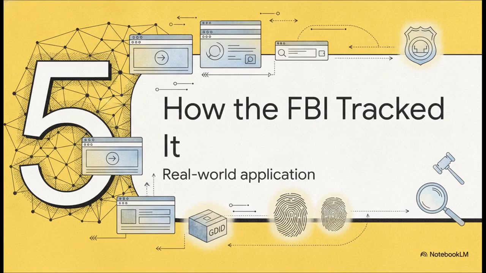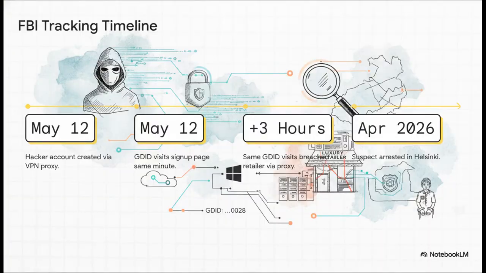Okay, part 5. How the FBI tracked it. Bringing all these layers together, the browsers, the hardware mesh, the GDID, we can see exactly how the US government weaponized this system. Let's revisit the timeline from the federal complaint against Peter Stokes. On May 12, at exactly 1921 UTC, the attacker created an account through a VPN proxy to hide their location.